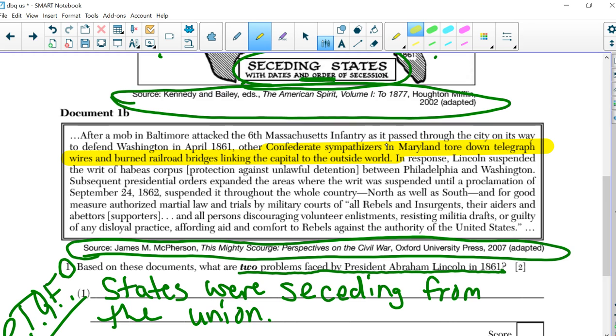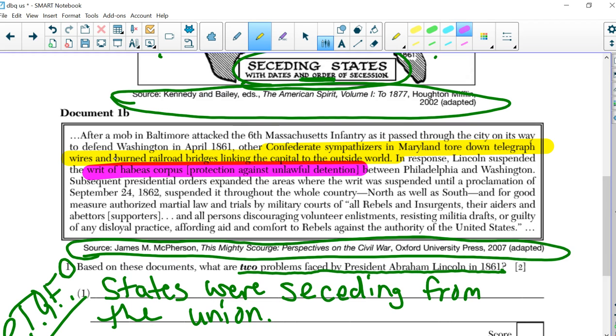Is that a big deal? Absolutely. In response, Lincoln suspended the writ of habeas corpus. Now, if you didn't know what habeas corpus was when you first read that question, here it is. Look at this. They gave you the answer. The writ of habeas corpus means protection against unlawful detention.